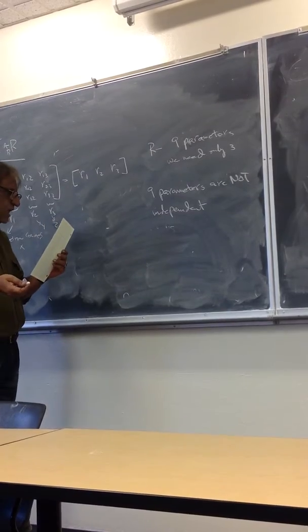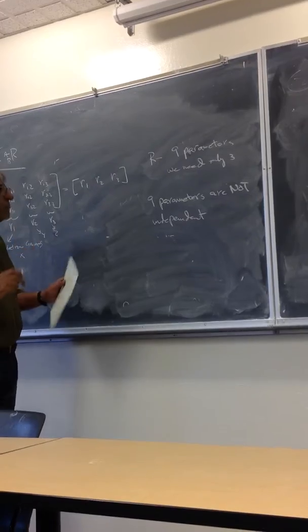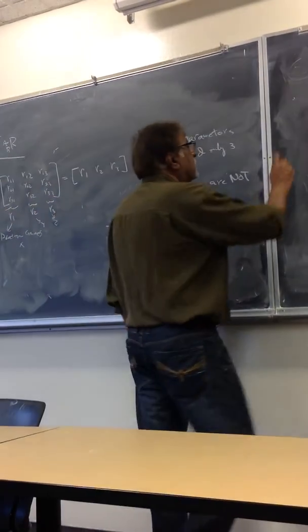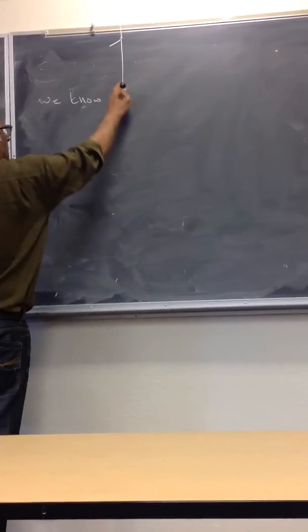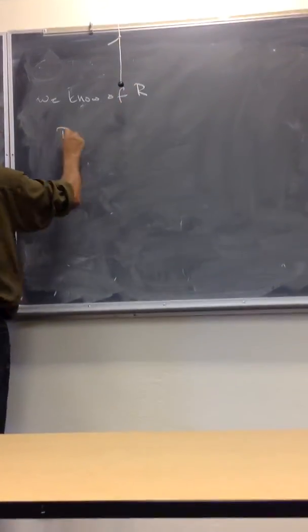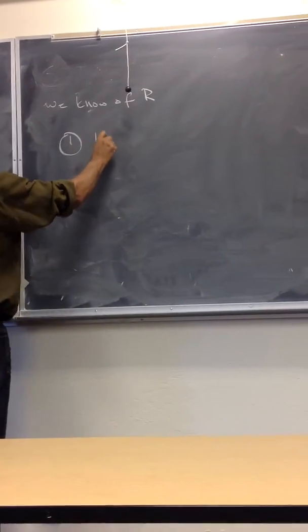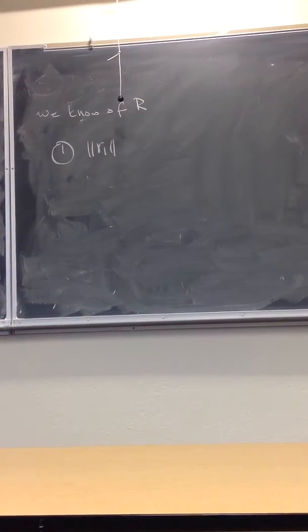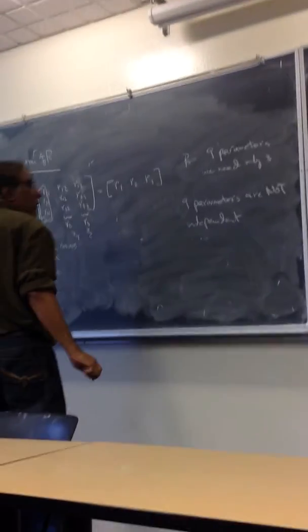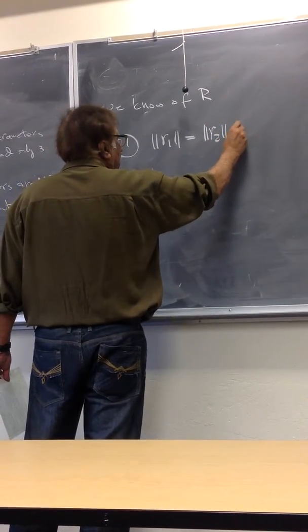So what are the properties of these? What do we know about the norm of R1, the norm of this vector here, and the norm of vector 2, and the norm of vector 3?